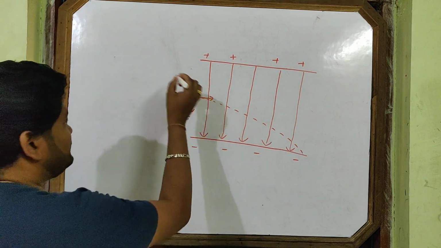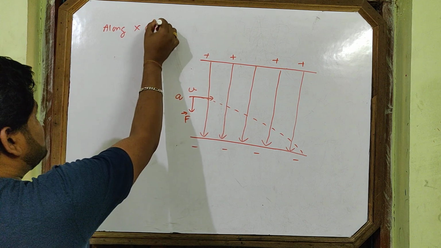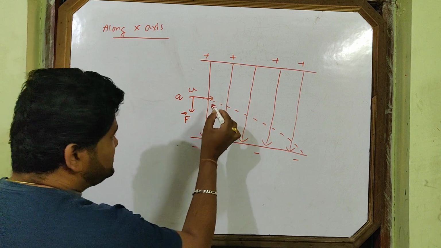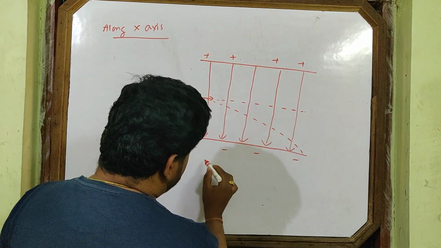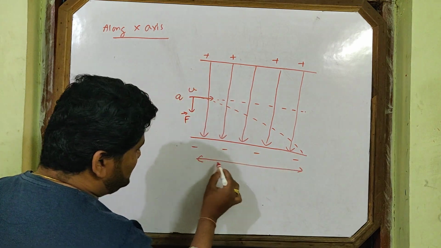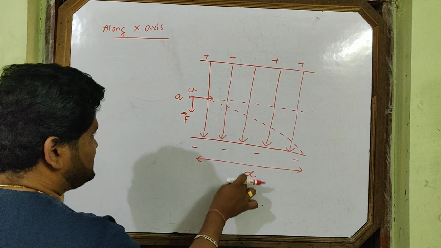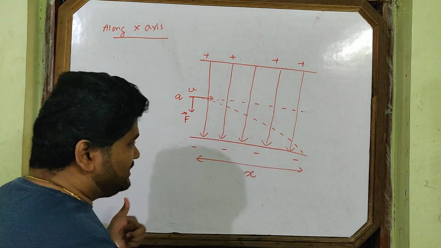Now we will find it. See along the x-axis. Along the x-axis, what is the velocity? Velocity is u. What is the distance covered? Let us take the distance covered along the x-axis as x, velocity is u, and time taken, let us take as t.